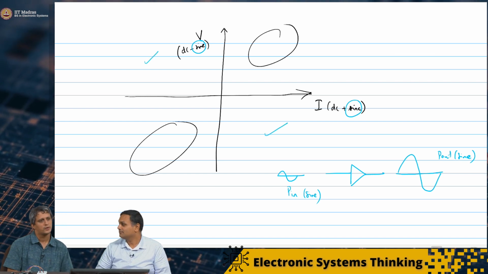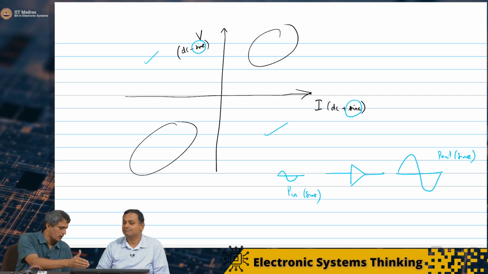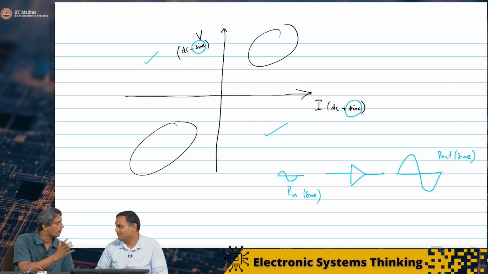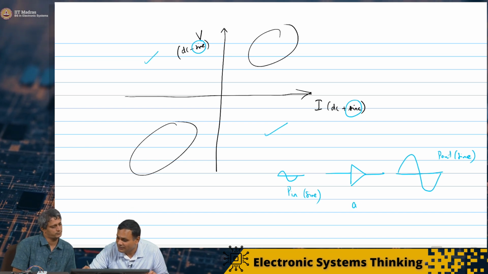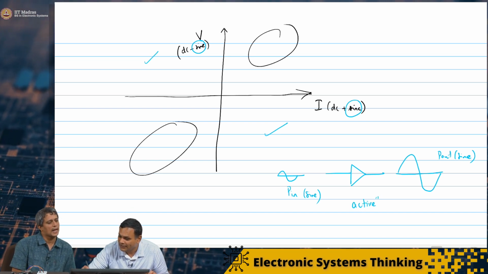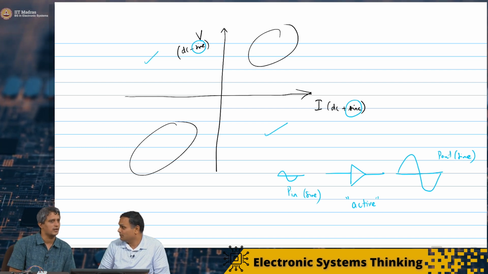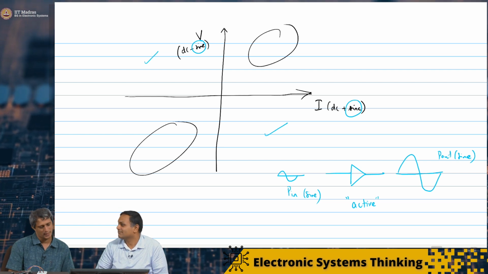So if you only look at the AC, alternating current component, or the amplification part alone, it could be creating power. It could be actually delivering power. That's why amplifiers are often called active. They don't call them passive, because from a sinusoidal signal point of view, they are said to be active elements.